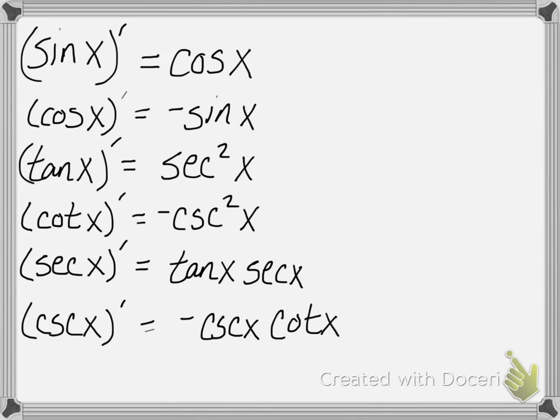Alright, so from taking derivatives, we should have some chart in the notes from going over everything that we had written down. The derivative of sine x is just cosine x. Derivative of cosine x is negative sine x. Derivative of tangent is secant squared x. Derivative of cotangent is negative cosecant squared x.